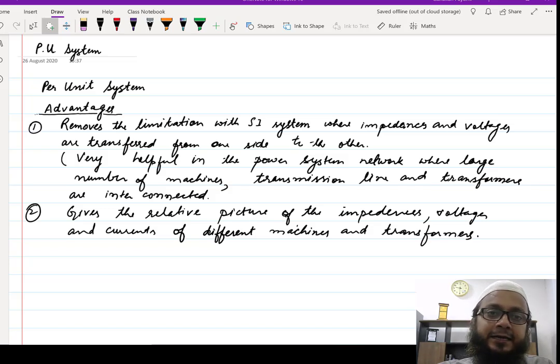So it doesn't give us a relative picture, right? Because 0.2 ohms for one machine would be a smaller quantity, and the same magnitude of internal impedance might be big for some other machine, in terms of the current or the power. So how much losses are there in one machine?